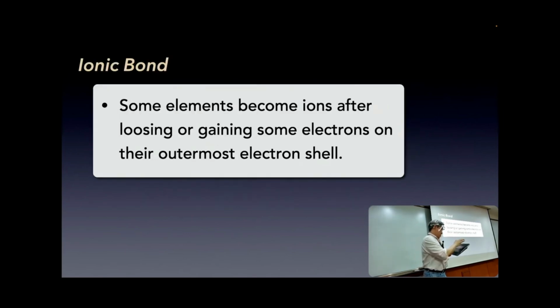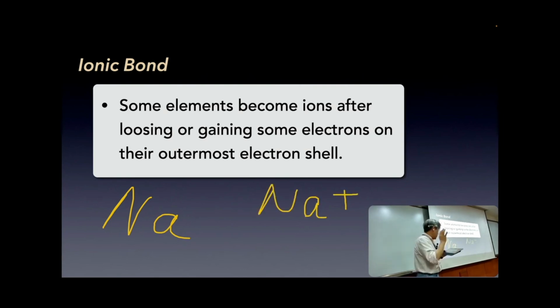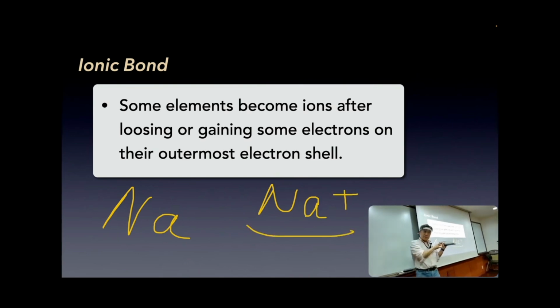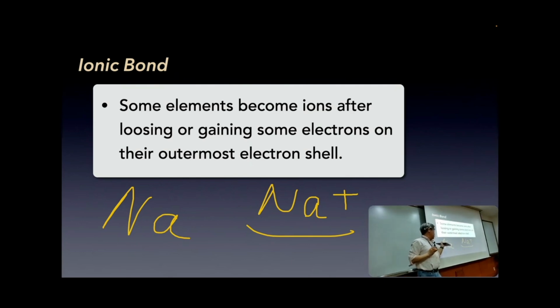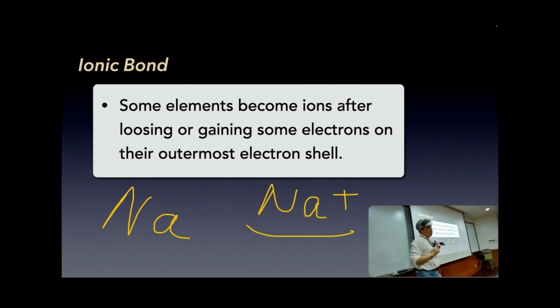Like sodium is an element. However, sodium can become an ion, ionized to become sodium plus, a positive ion. Certain sodium elements can become a sodium ion on this occasion. A sodium ion can only become a positively charged ion, by the way.